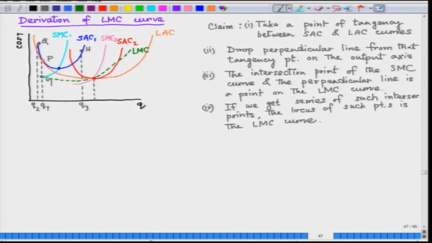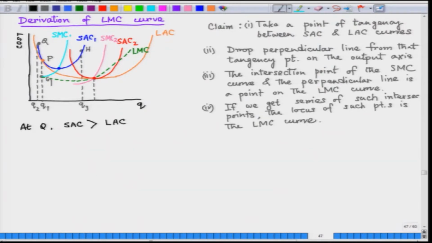Okay. Let us now concentrate on the point Q. So at point Q, the short run average cost curve is higher than the long run average cost for that particular output level, right. So that output level is Q2.